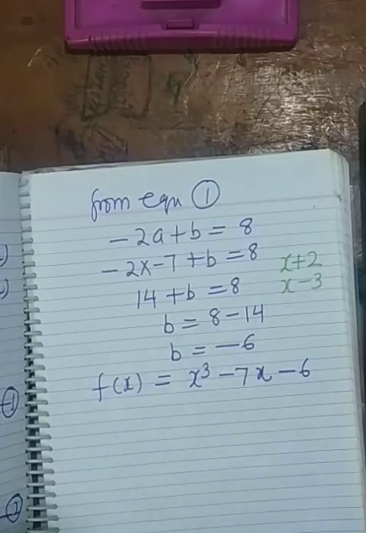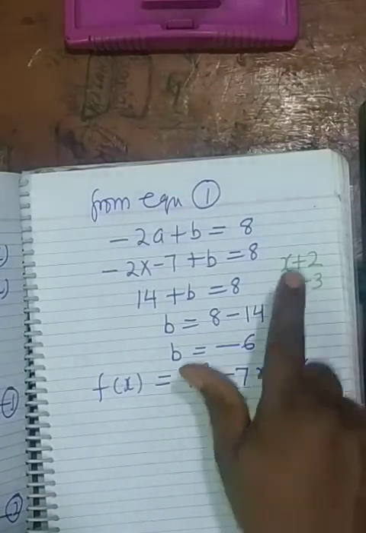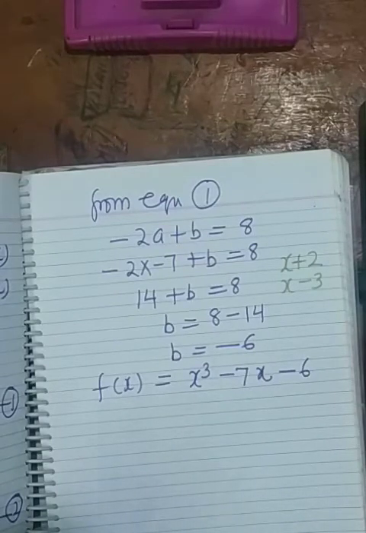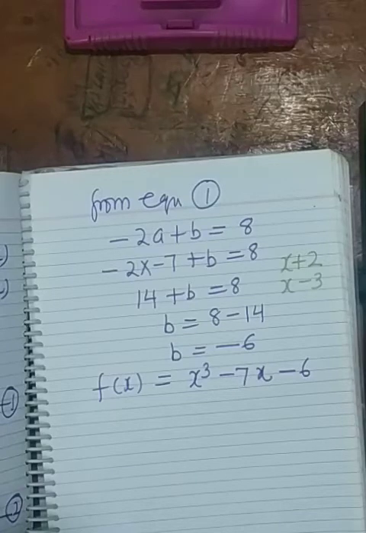Means if one factor is given, then you divide the polynomial by that factor, and then you factorize that product by splitting the middle term, and then you will write the complete factorization. But today I am telling you a different method. That is a little tricky, but that is also not very difficult.